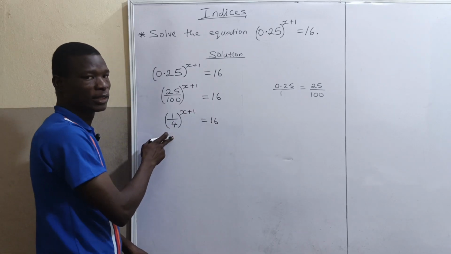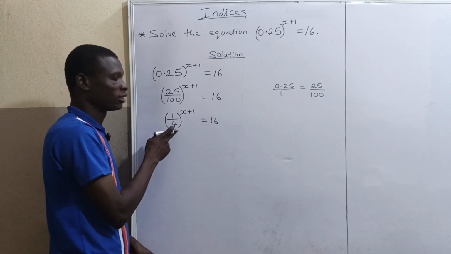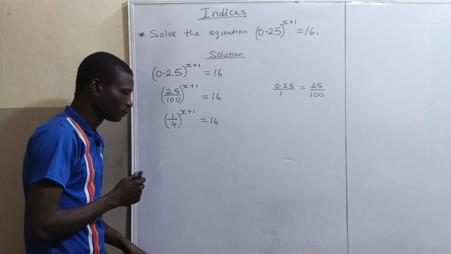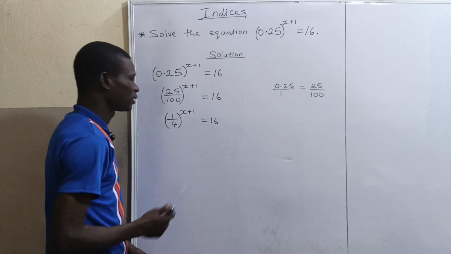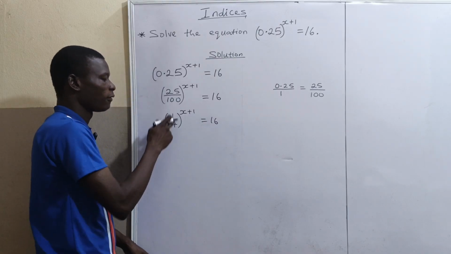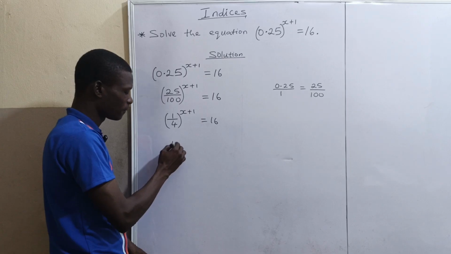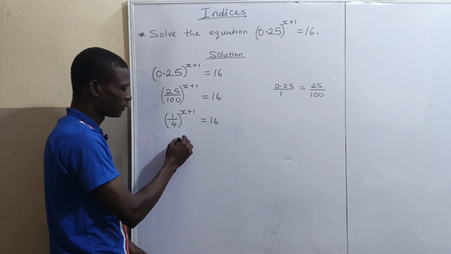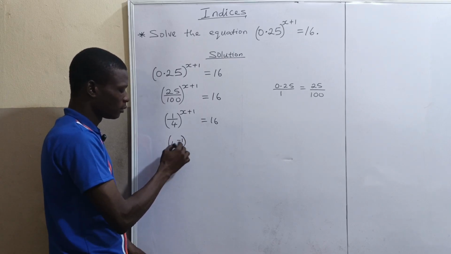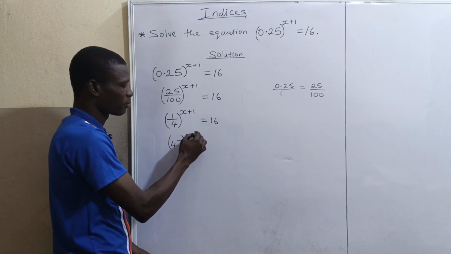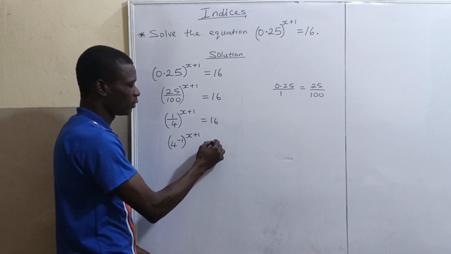So you can see that this is taking shape already because there's a relationship between 4 and 16. Of course, 1 over 4 and 16. Now, 1 over 4, also according to one of the laws of indices, is same as 4 to negative power 1, now raised to power x plus 1 equals 16.